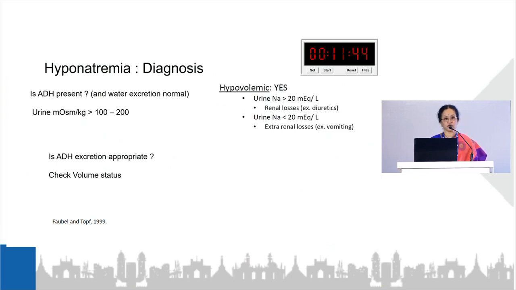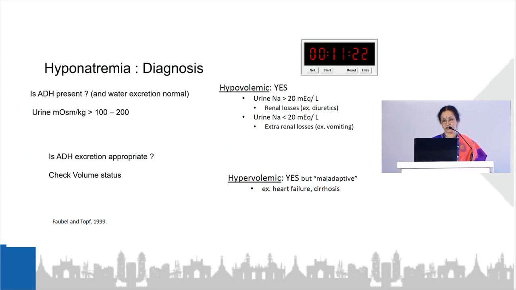Based on the volume status, if the total body water and sodium are lost, it is called hypovolemic hyponatremia, which can be due to renal or extrarenal losses, and the most common cause of renal losses is the use of diuretics. And there could be hypervolemic hyponatremia.